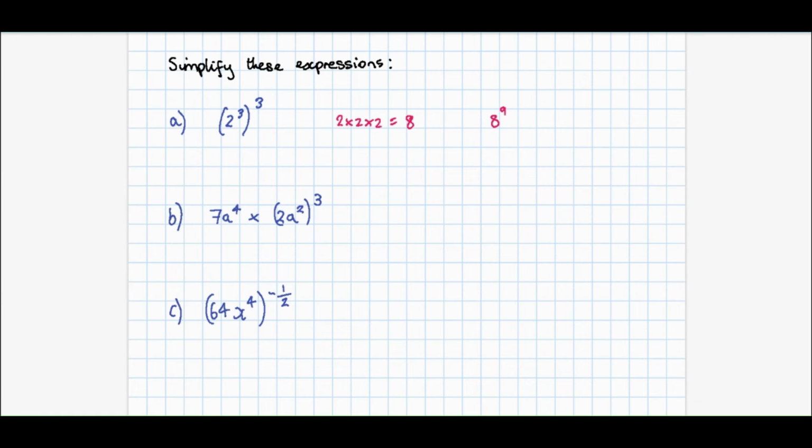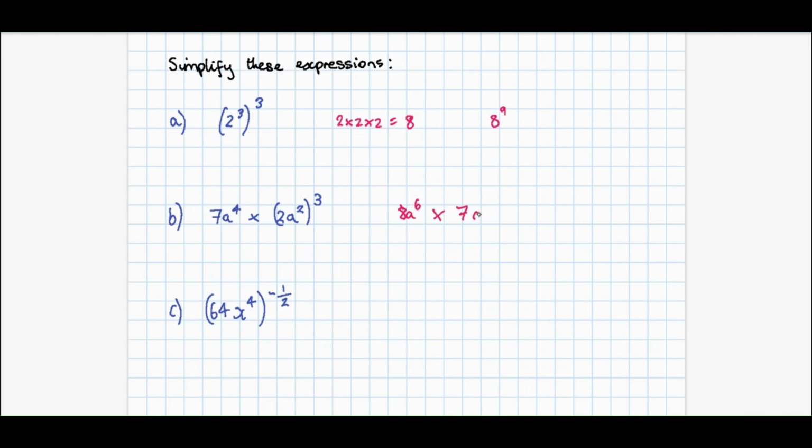Now for this next one, we've got 7a to the power of 4 times 2a squared, all to the power of 3. So what we're going to do, we're going to first expand this bracket bit. So it's going to be 2 to the power of 3, which is going to be 8. And then it's going to be a squared to the power of 3, which is going to be a to the power of 6. So we're going to do 8a to the power of 6.